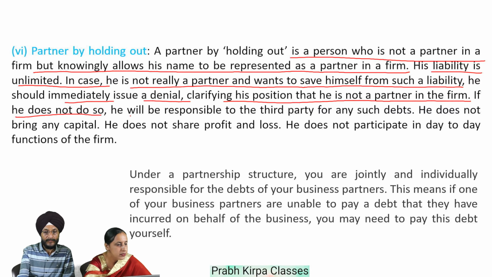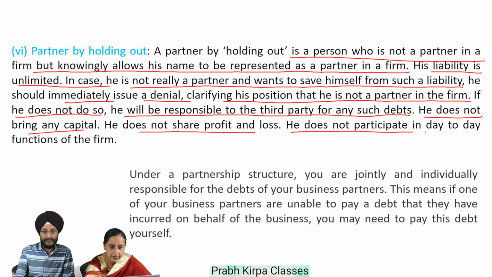If he does not do so, he will be responsible to the third party for any such debt. He does not bring any capital. He does not share profit and loss. He does not participate in day-to-day functions of the firm.